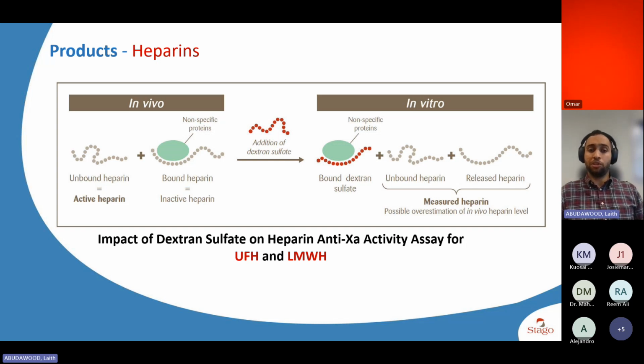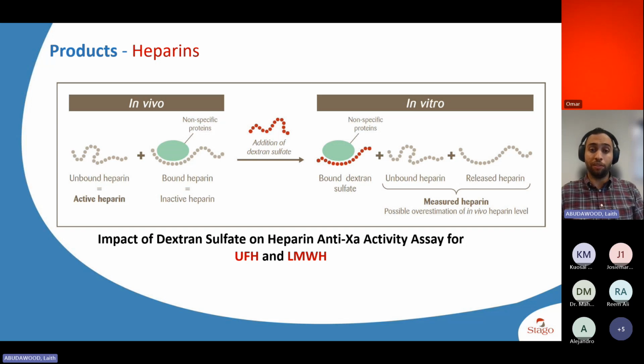Now, when I take this patient sample and run it on my analyzer, a lot of the heparin that's not bound to antithrombin is actually released. It becomes free because dextran sulfate replaces it. What this means is this newly freed heparin comes to bind to the antithrombin in my sample, increasing the apparent anti-Xa activity in the measured sample.